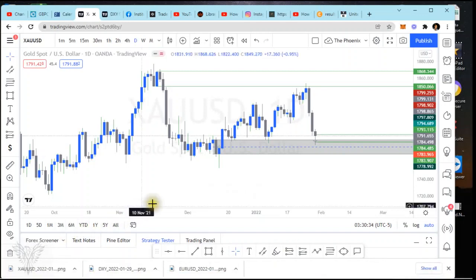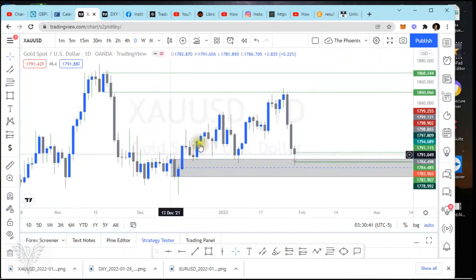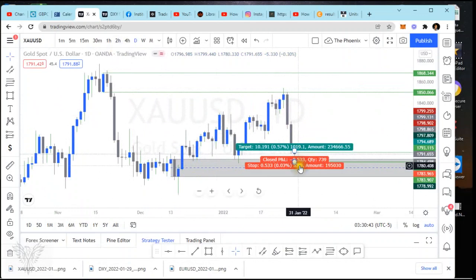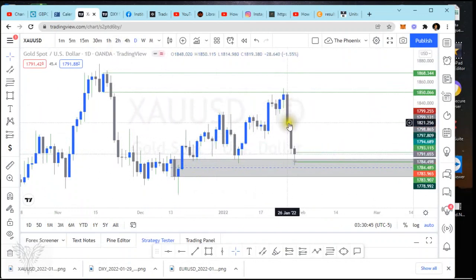And so, for example, if 10,000 people entered, say that gold was going down. We saw this huge engulfing candle here, and we're saying, okay, yes, we're going to be selling.